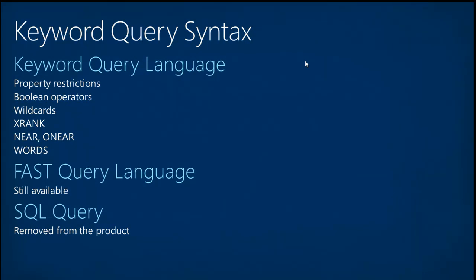So much so do we believe that the SQL query has been removed from the product. So if you had solutions that were using SQL query language, those are going to need to be redone. Fast query language is still available inside of 2013. It's just not cool to use it. Right? So you really want to stick with the keyword query language that we have. There's been some nice improvements to it, like near, words, and XRank. We'll take a look at a couple of those as we go along.